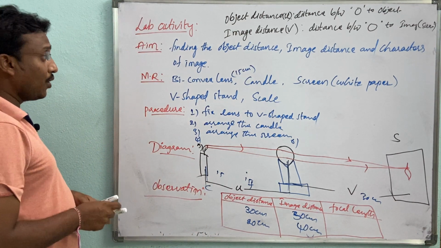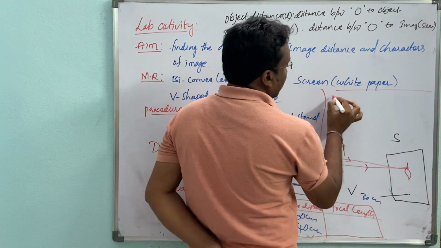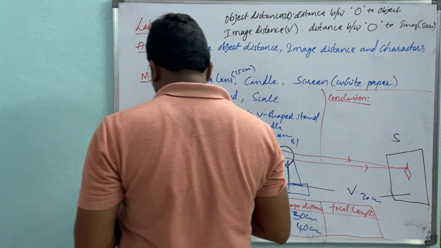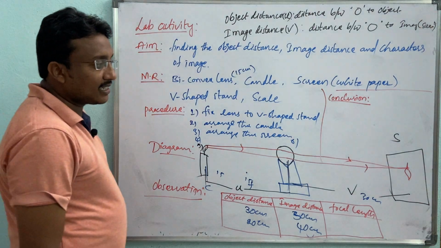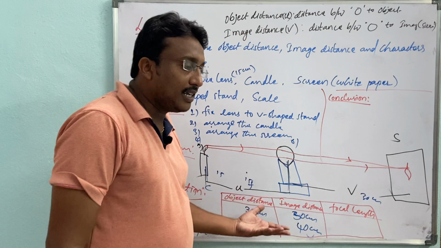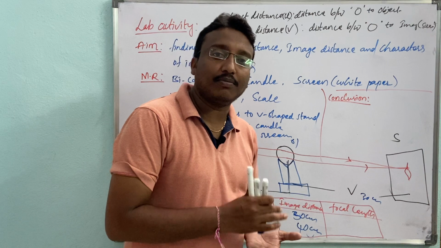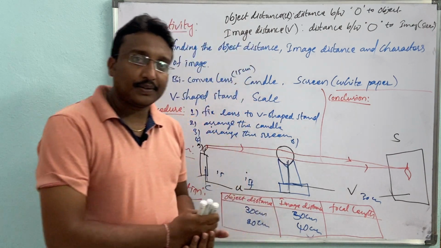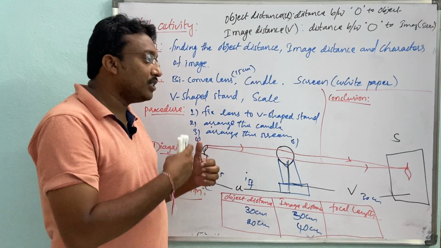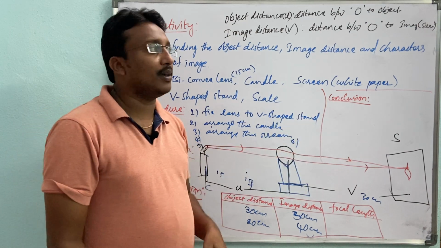Finally, you have to write the conclusion. Last one, conclusion. What is our conclusion? The convex lens can produce real images and virtual images by changing the position of the object. By changing the object position, the image position changes, and it also gives real and virtual images.